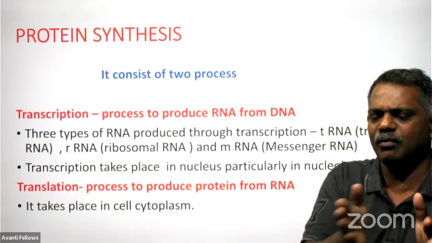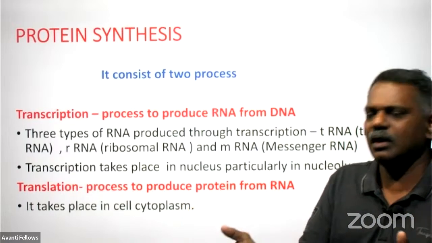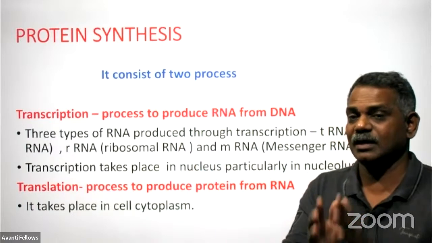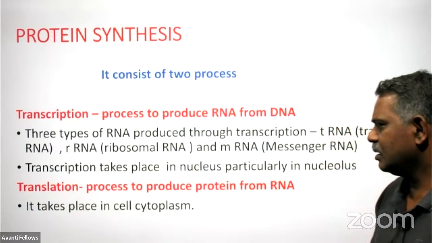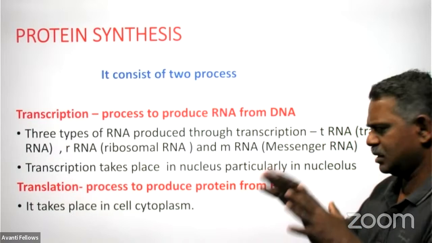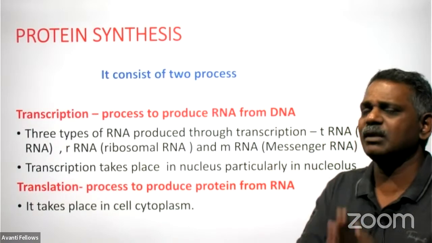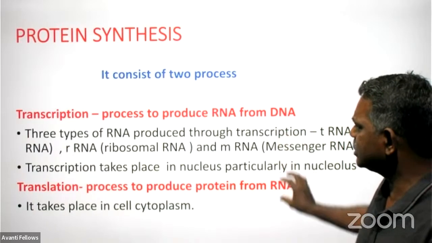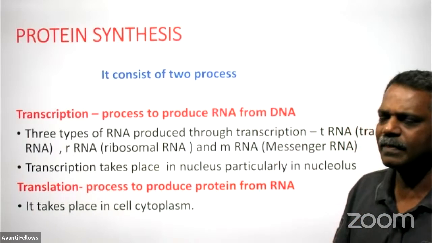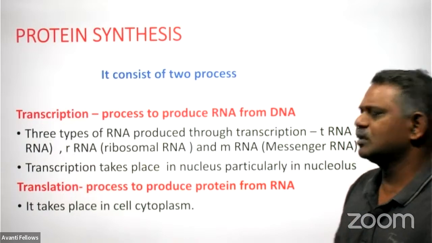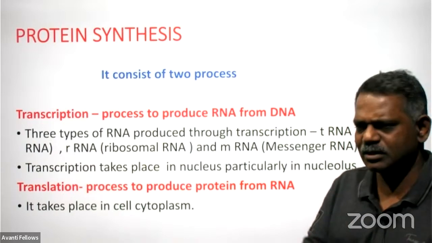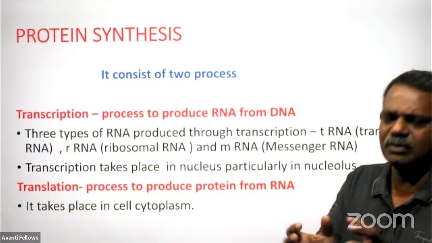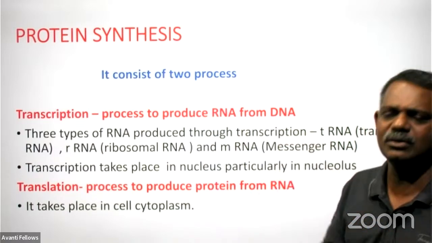So according to the information given in the RNA, the cell prepares the particular protein, and it is called as what? The translation. It is the process to produce the real protein, a functional protein, by using the information present in the RNA, just copied from the DNA. And it takes place naturally in the cell cytoplasm only, because the RNA is coming to the cell cytoplasm through the annulus or the pores present in the nucleus.